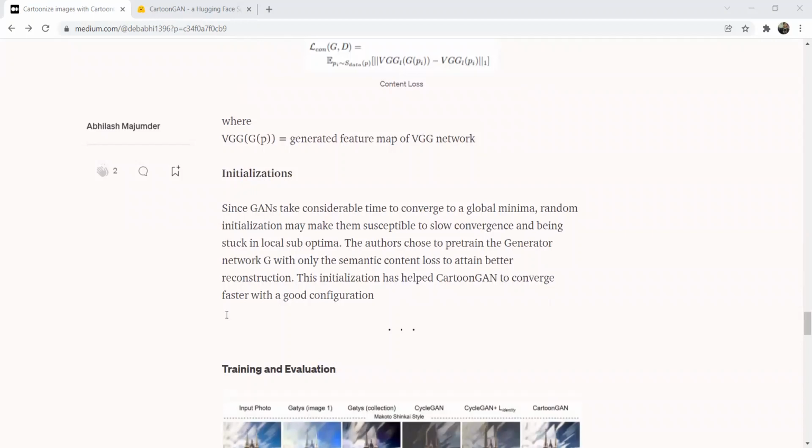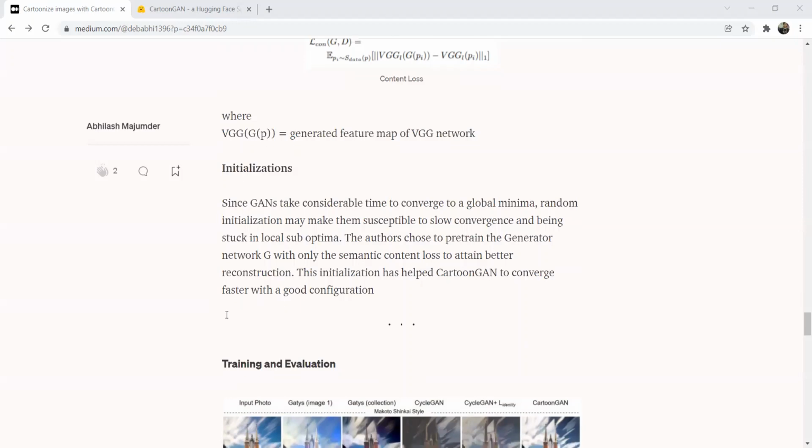Since GANs take a considerable time to converge to a global minimum, random initializations may cause the model to become inefficient, and it may get stuck in a local optimum. So the authors chose to pre-train the generator network G with only the semantic content loss to attain better reconstruction. This pre-training has helped CartoonGAN converge faster with a good convergence.